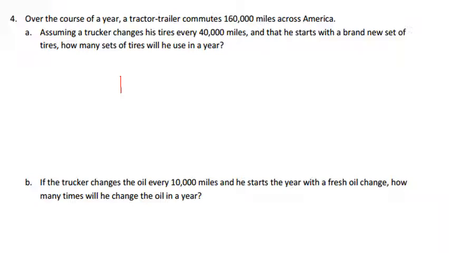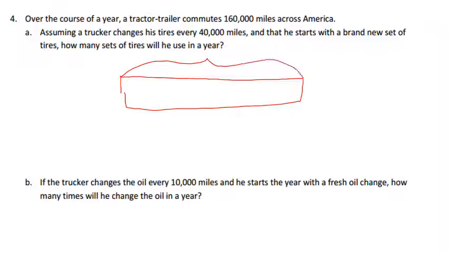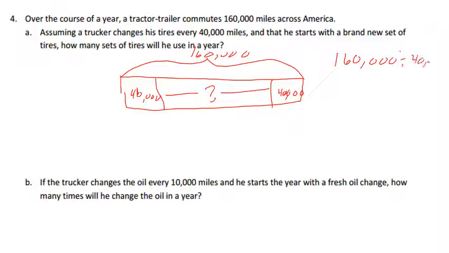Okay, so if we're looking at a tape diagram, we know the total distance is 160,000. He changes the tires every 40,000, and we're looking for how many times he changes them. So we have 160,000 divided by 40,000, which is 160,000 divided by 10,000 divided by 4.